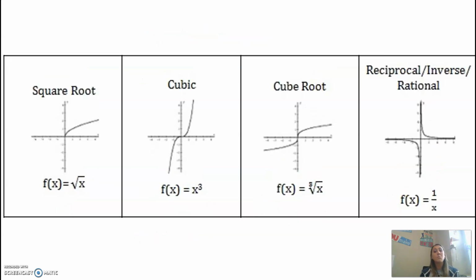So now we have some more parent functions. So here is the square root. So just in case you didn't know it, that means that there's a 2 if there's nothing there. So if we are talking about an even root, it's going to look something like this. One of the reasons, if we think about it, can we find the square root of a negative number?